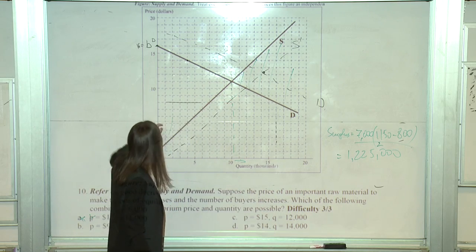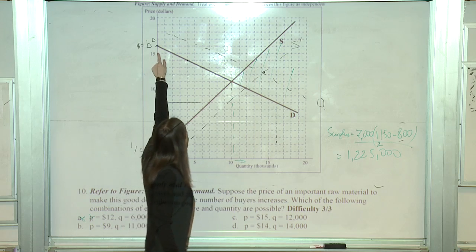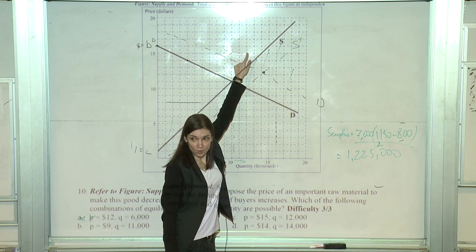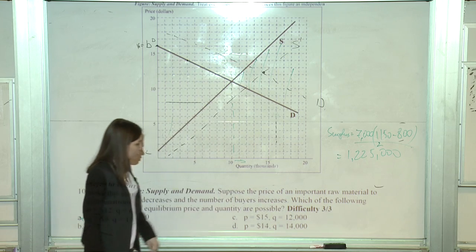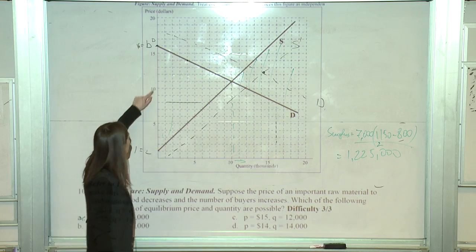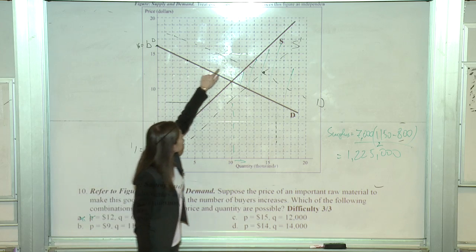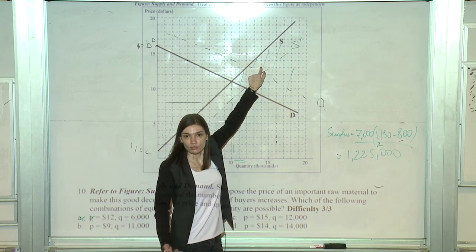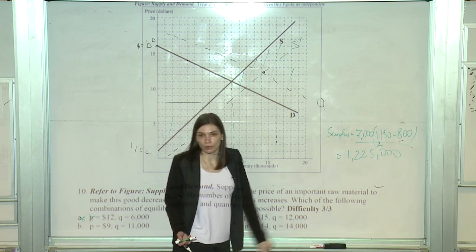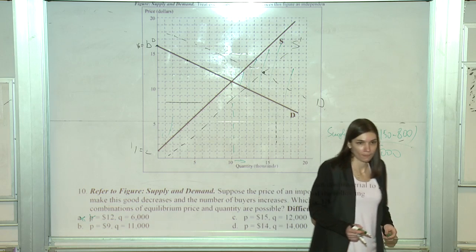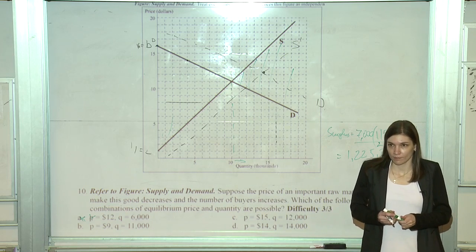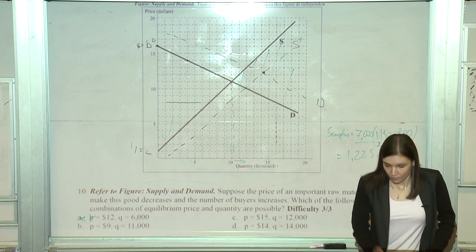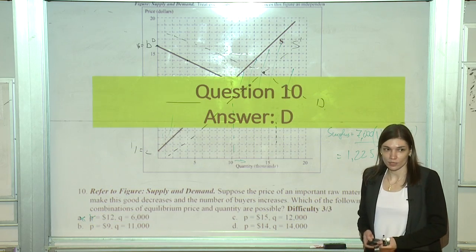Price of 15 and quantity of 12 is right here, so that doesn't work either. And then there's only one, a price of 14 and quantity of 14, which is here, and then we are in that region. So that's the only possible equilibrium. Okay, any questions? Right, so this is answer D.